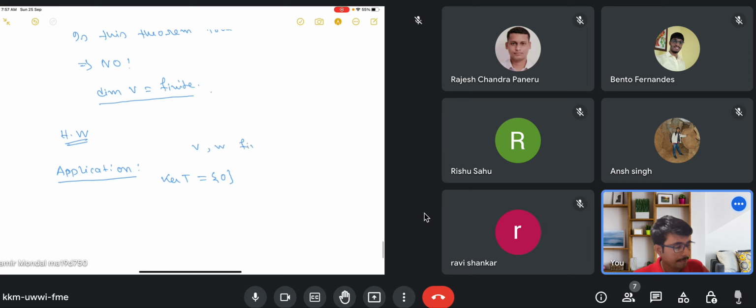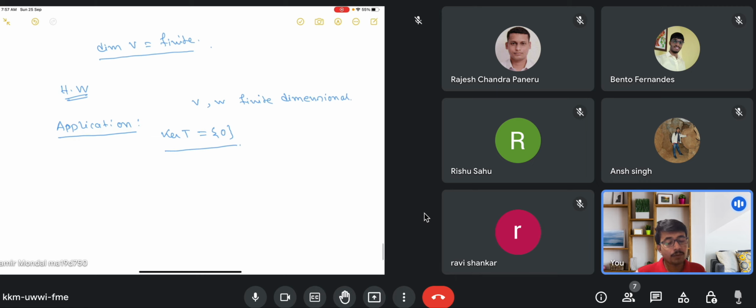Given this condition, what can we say about T? Is T surjective or not? Please tell me. Our condition is that the kernel of T equals 0. Is T surjective?